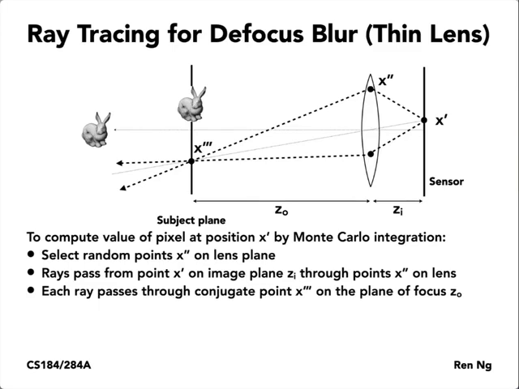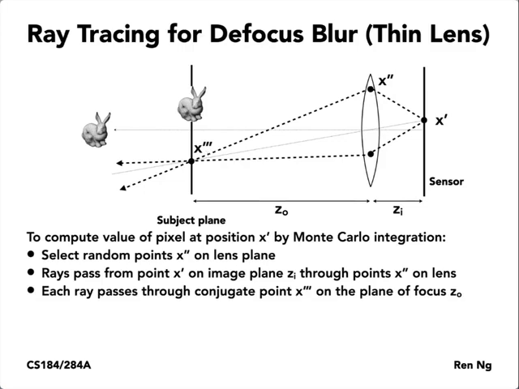We can note that we also know exactly where this ray comes from in the world, its trajectory through x double prime here, because we've chosen z sub i to be conjugate to z sub o, or focused on z sub o here, and because we can draw this chief ray here from x prime through the center of the lens, the pinhole point, into the world onto this z sub o plane, we can find this point x triple prime here. And from the thin lens model, we know that this ray of light that passes through x prime has to also pass through x triple prime over here.